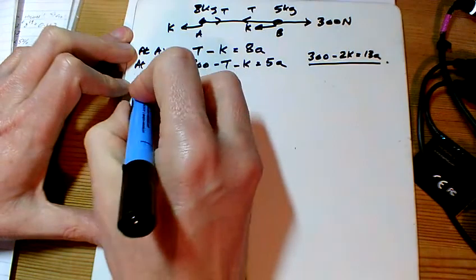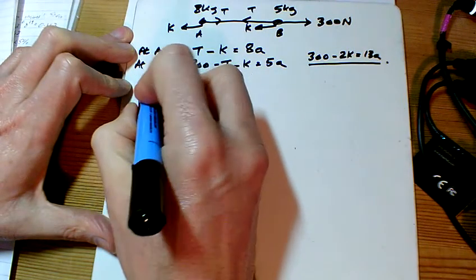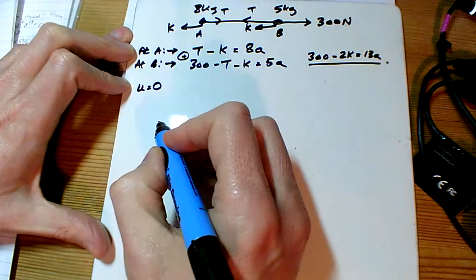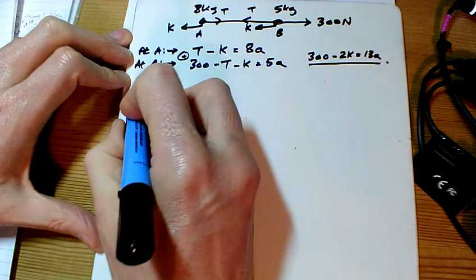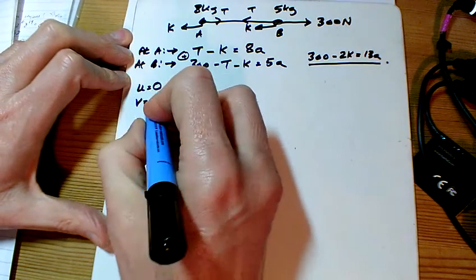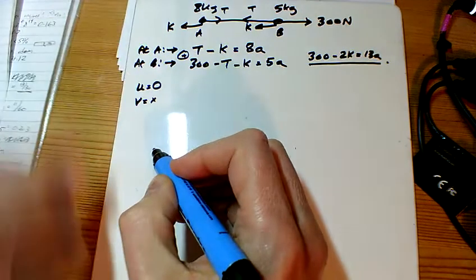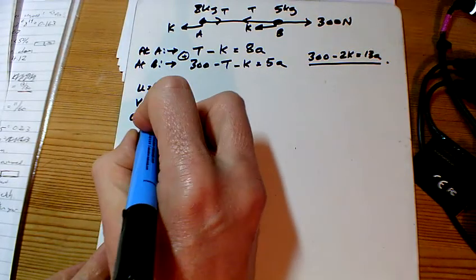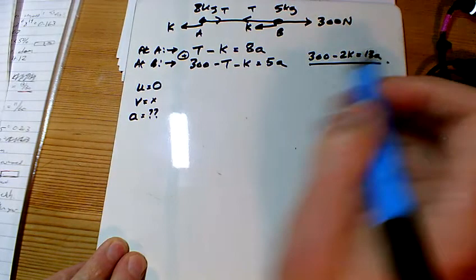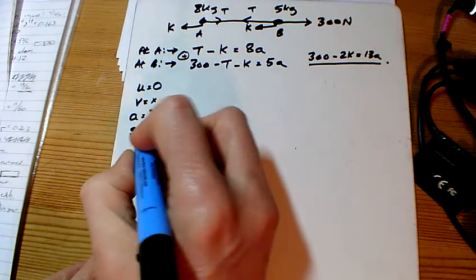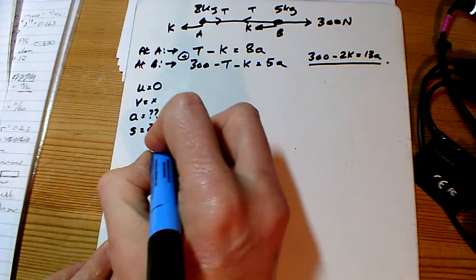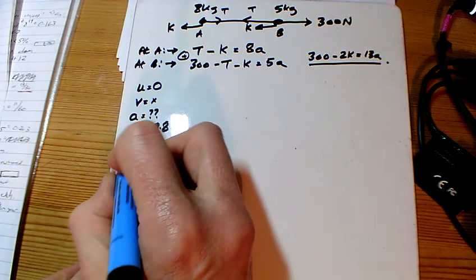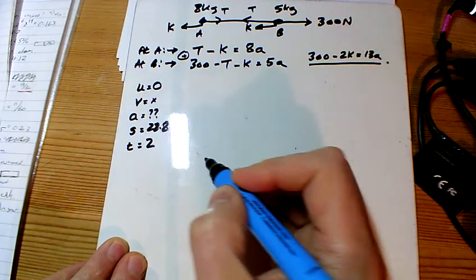Now we need to use some SUVAT work, because it says it starts with velocity of 0. It says it starts at rest. I don't want the final velocity just yet. I'm going to need that later. I'm going to figure out what A is, because I'm going to need it here. It tells us that S is 28.8, and it tells us that it was accelerating for 2 seconds.